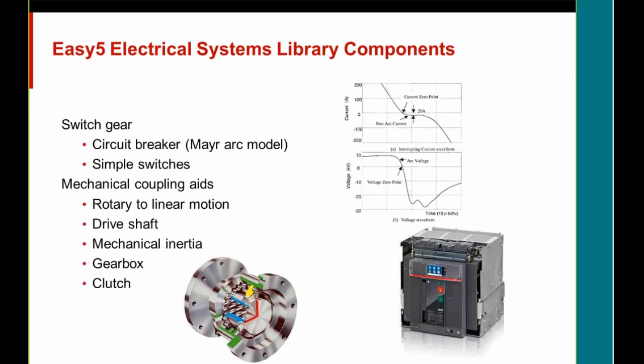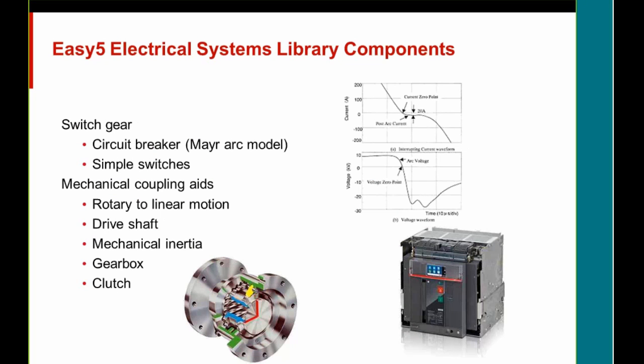As far as electrical control, there are a number of components available. One of these is circuit breakers and simple switches. We have mechanical coupling aids as a convenience in the library. So we have a way to convert rotary to linear motion.